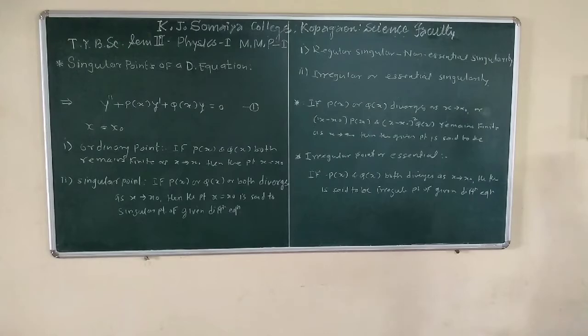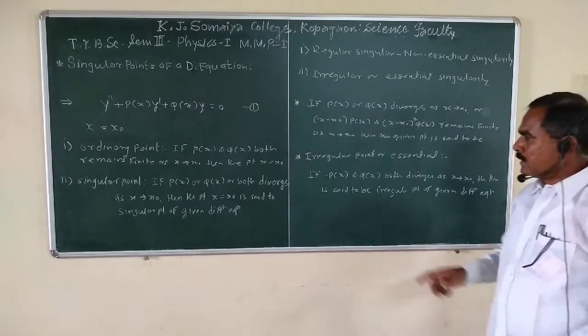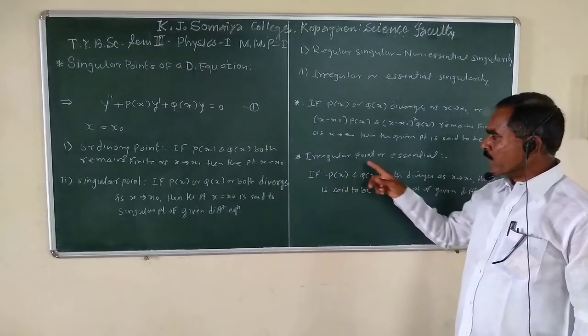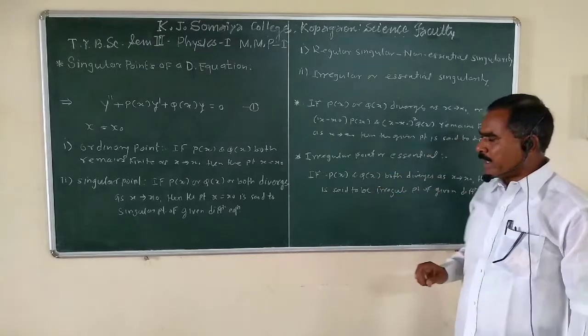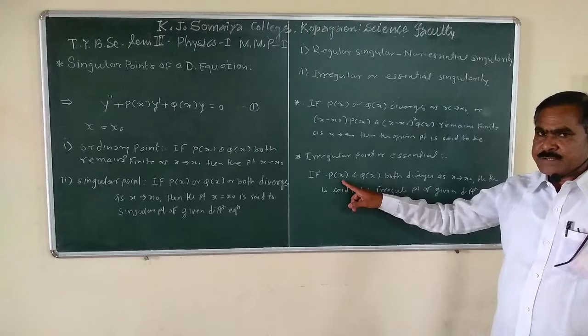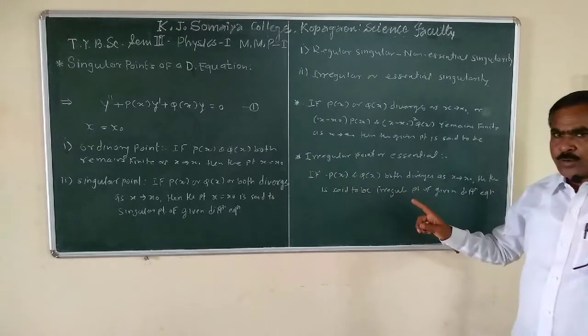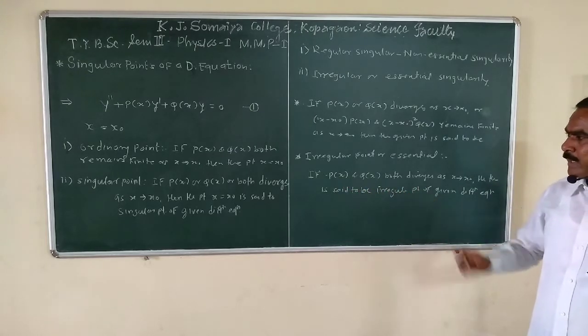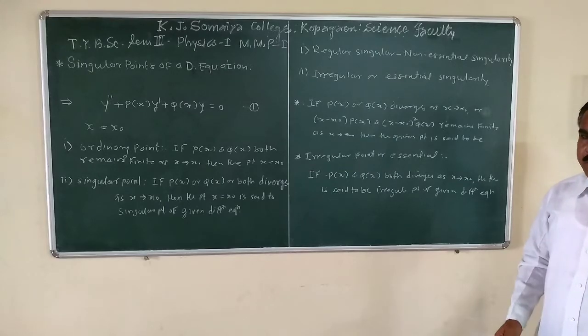Or in other words we can say that the point is said to be an irregular or essential point where p of x diverges faster than q of x.